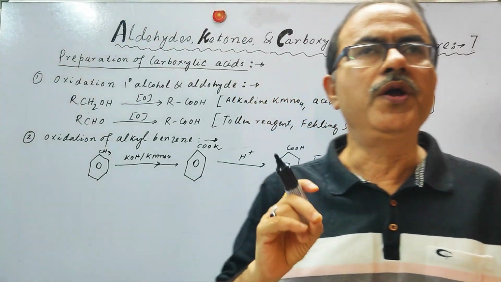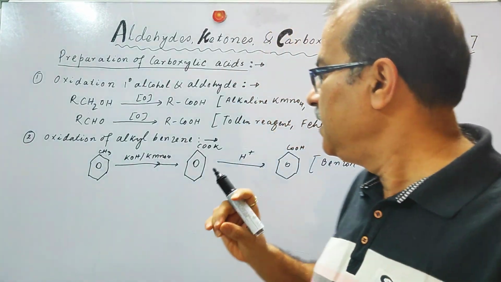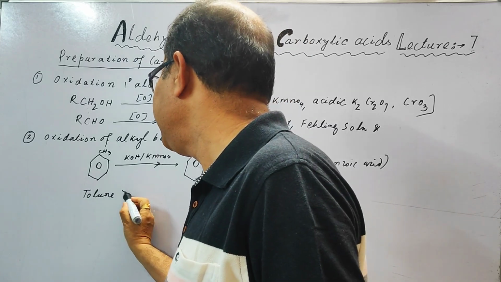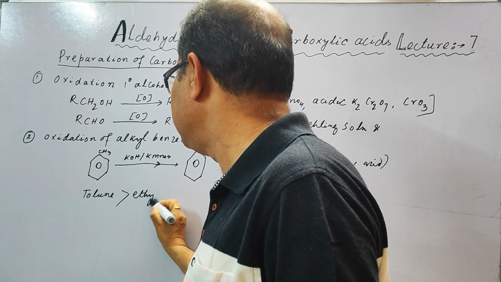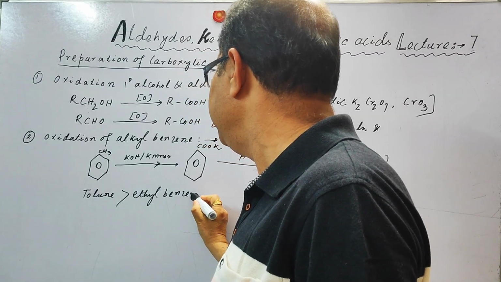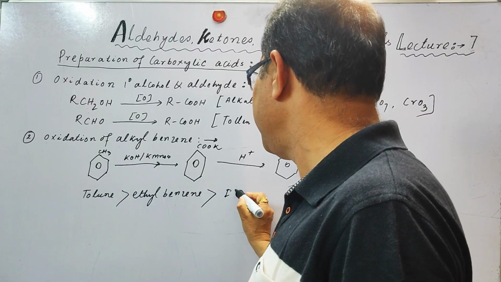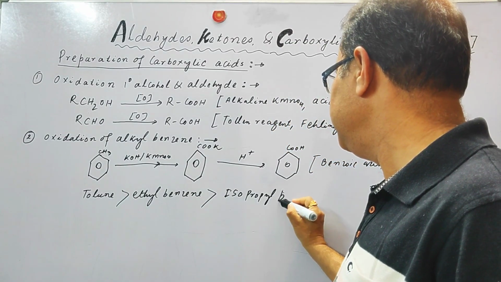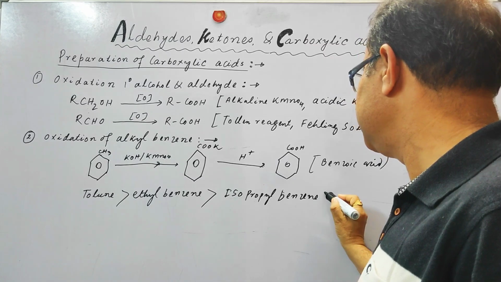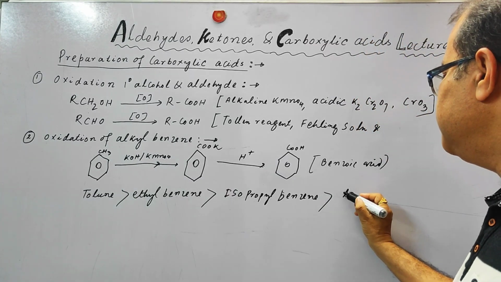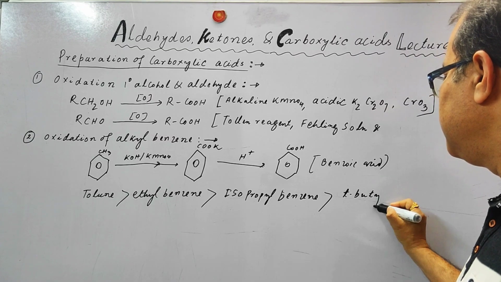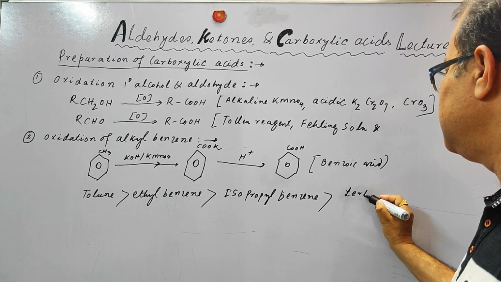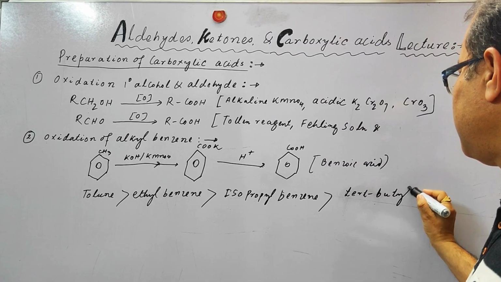But when we are trying to understand the reaction, you will find that toluene will have higher reactivity than ethyl benzene, and ethyl benzene will have higher reactivity than isopropyl benzene, and this is again higher reactivity than tertiary butyl benzene.